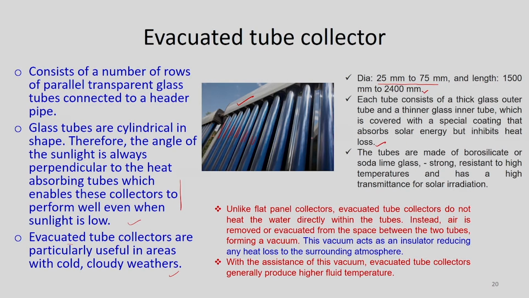Selective coatings are applied so that energy absorption can be maximized. The tubes are made of borosilicate or soda lime glass, which is strong, resistant to high temperatures, and has a high transmittance for solar irradiation. These parameters are very important as far as evacuated tube collectors are concerned. So, what is the difference between this collector and the conventional flat plate collector?